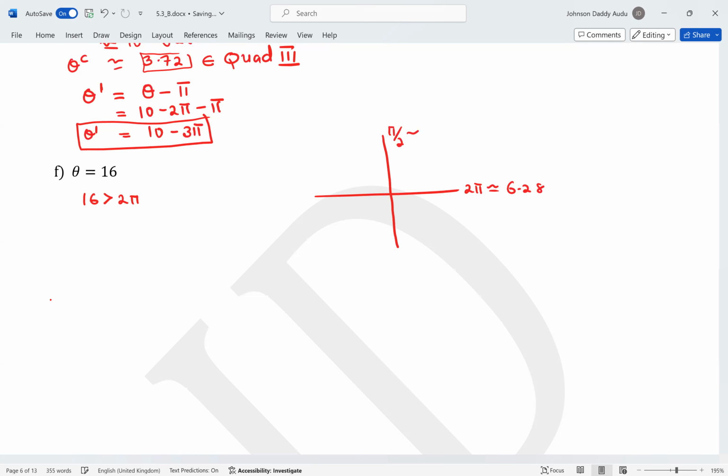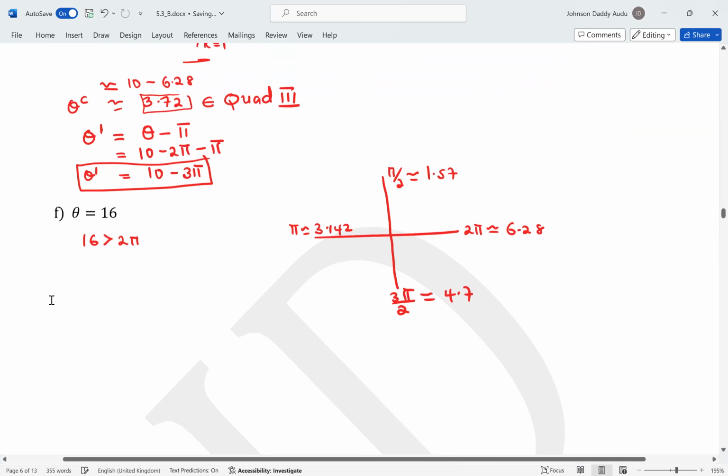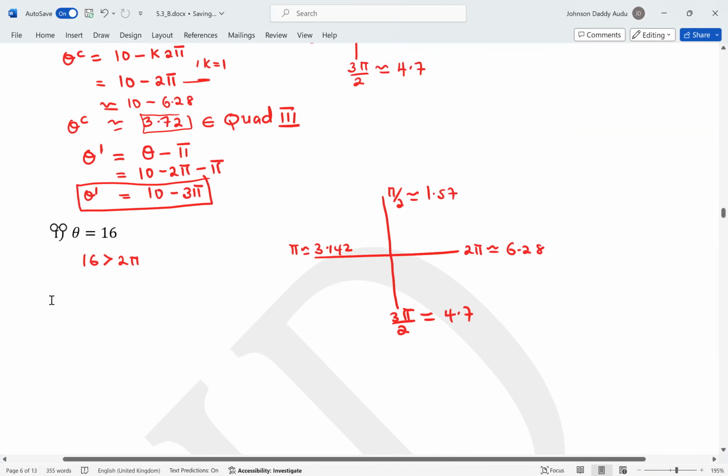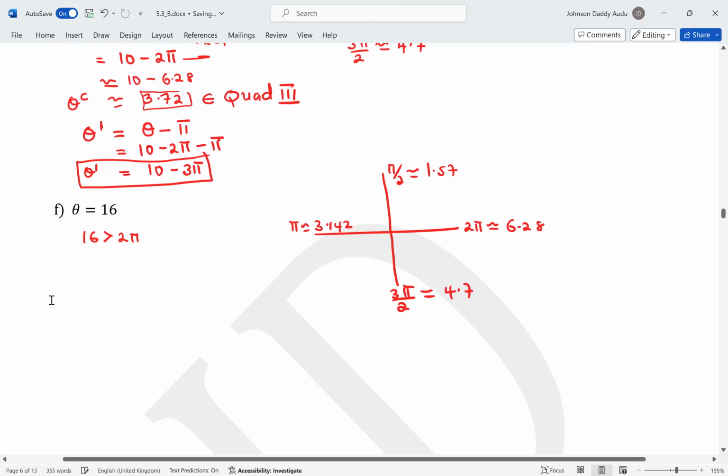Pi over 2 is approximately 1.57. And pi is approximately 3.142. And 3 pi over 2 is approximately 4.7 something. So here, 16 is definitely bigger than 6.2.